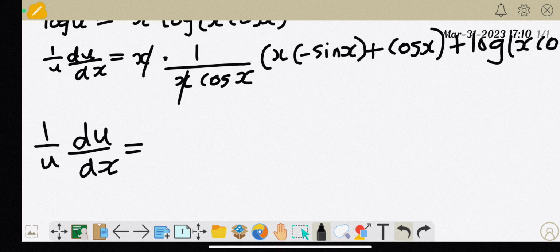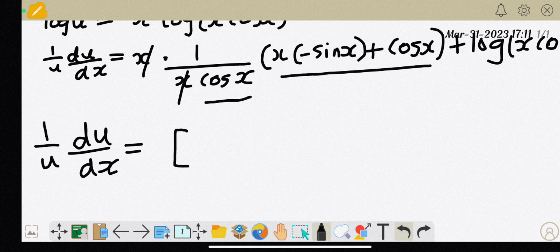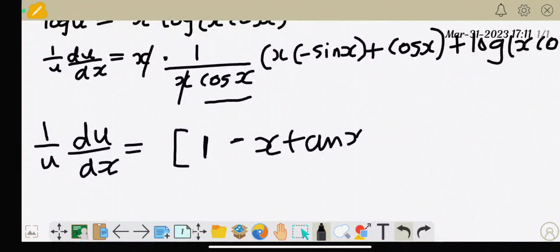Then next thing, what I can do? Here cos x is there, correct? So cos x I will divide by both terms. So what will happen? Cos x by cos x is 1 minus, here sin x by cos x will be tan x, correct? X tan x.